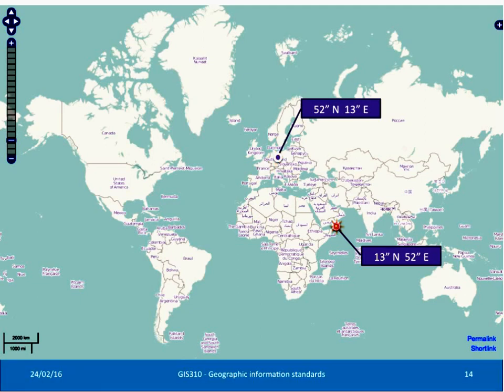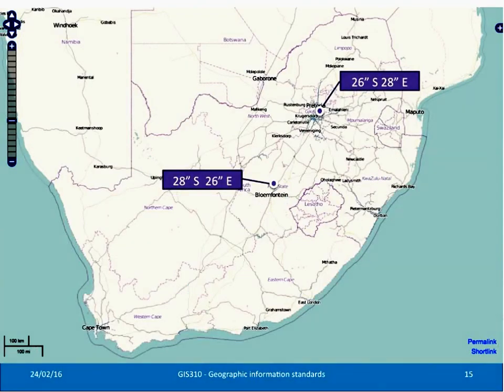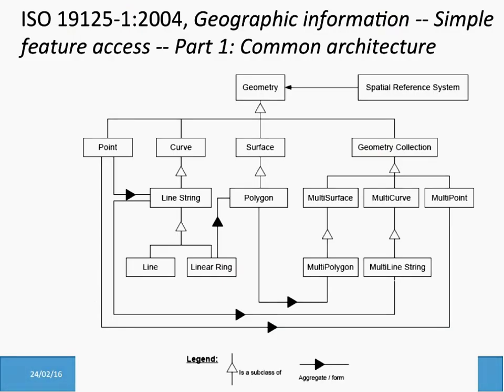That shows the impact of your lat and long. If we bring this a little bit closer to home, if I take Bloemfontein's coordinates and swap the latitude and longitude around, I would be in Pretoria. So you can see the impact of your latitude and longitude. We specify this according to a standard.